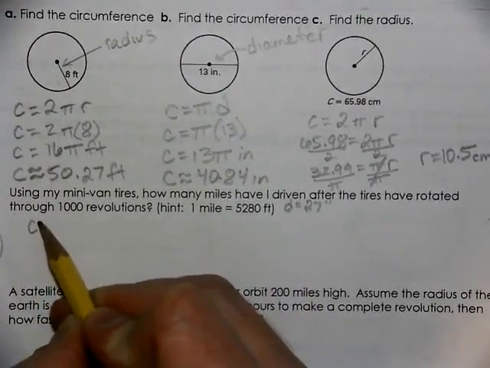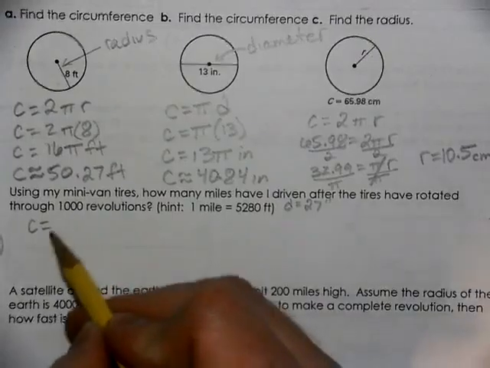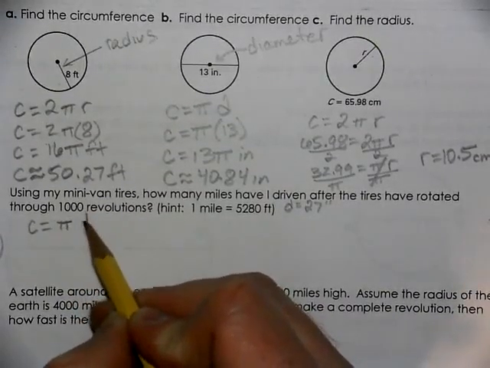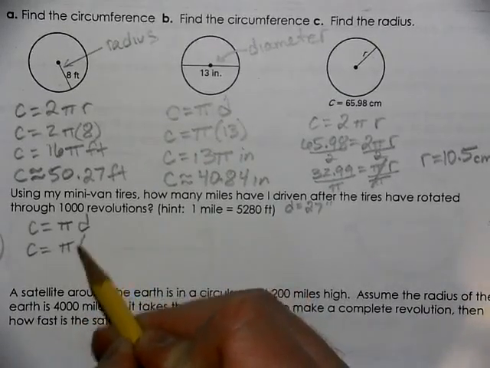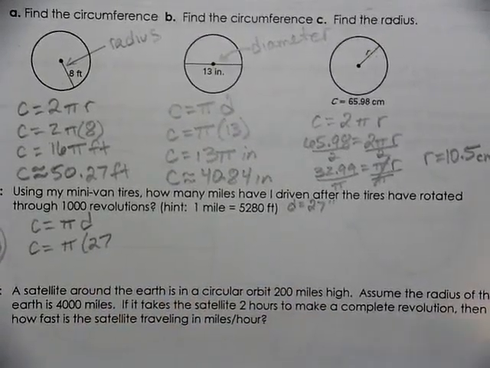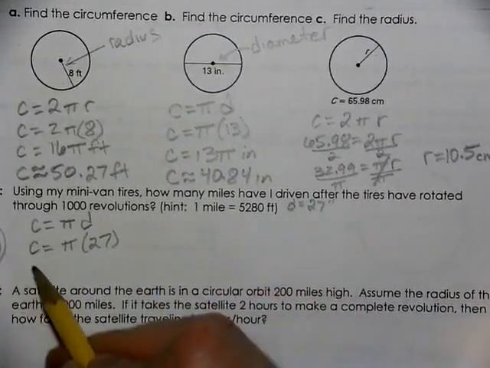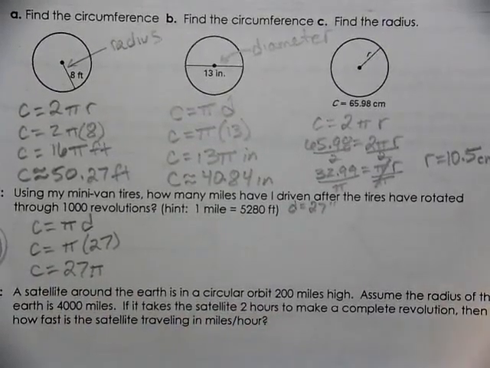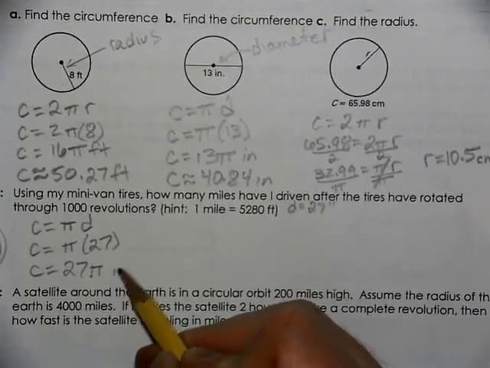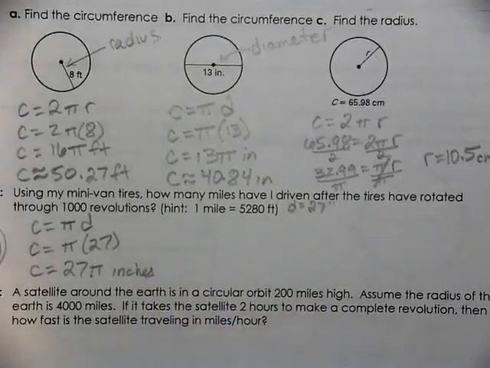So we need to figure out the circumference. We know the diameter, so the formula we're going to use is pi d. So we take pi times 27. So our exact answer is 27 pi, and that would be in inches.